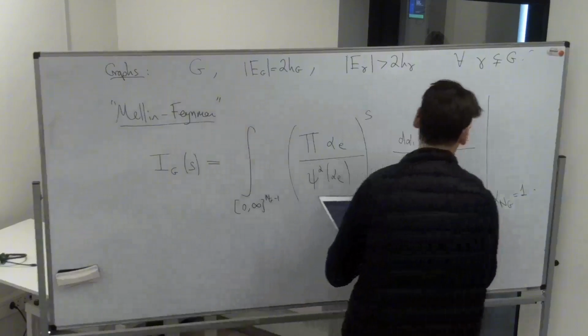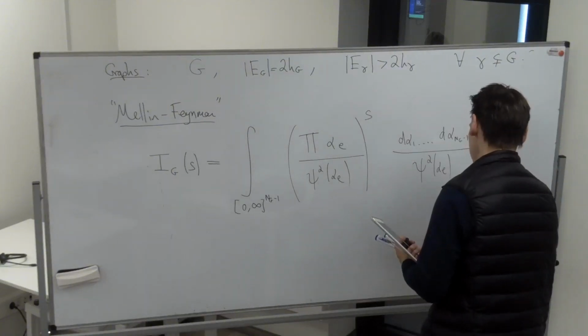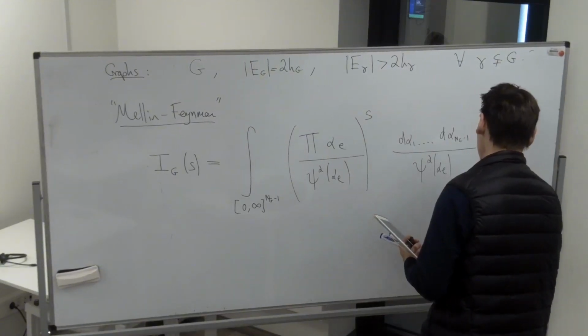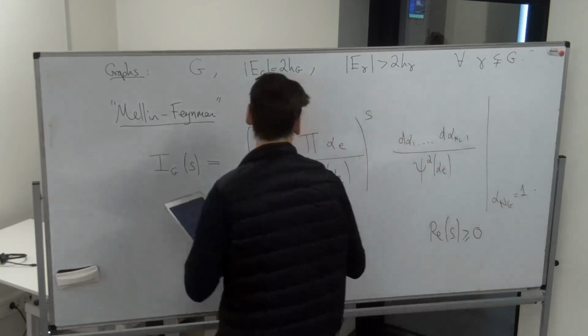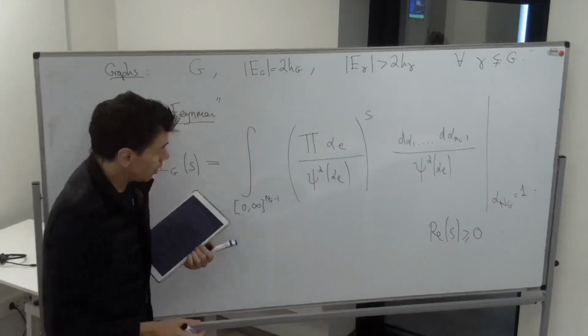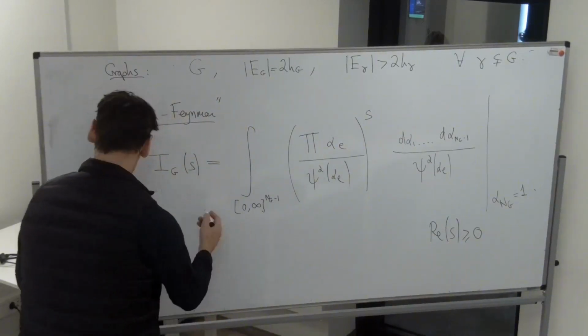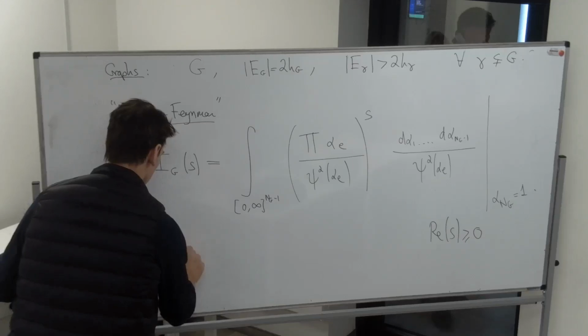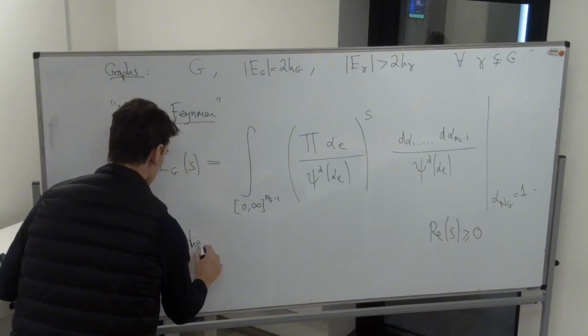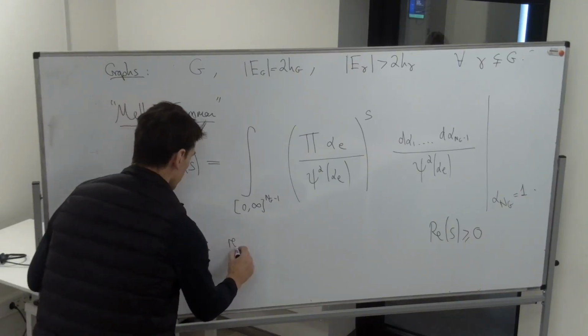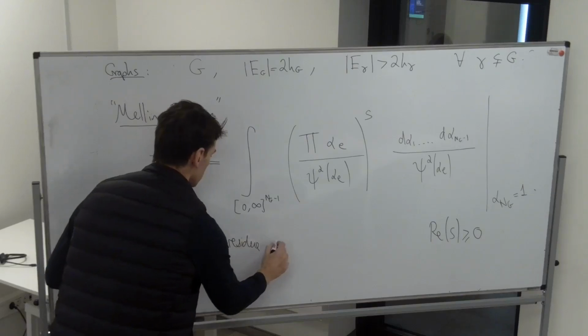Under this assumption, it converges for all real s bigger than or equal to 0. And it's a much more rich object than the Feynman residue, because of course we can retrieve the residue just by setting s equals to 0.